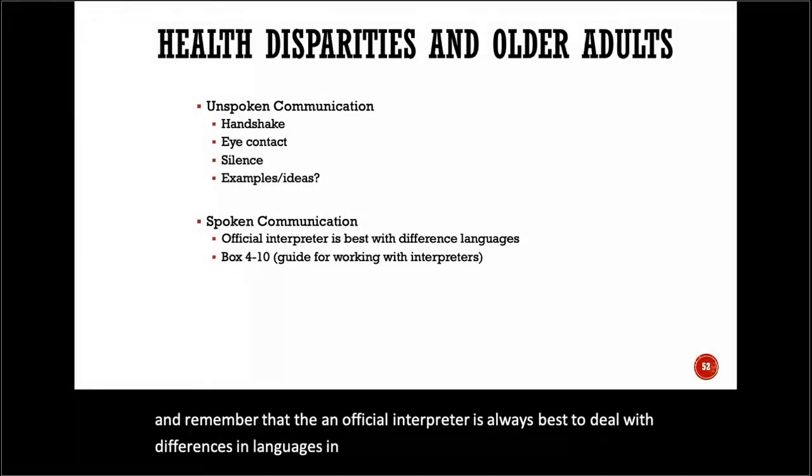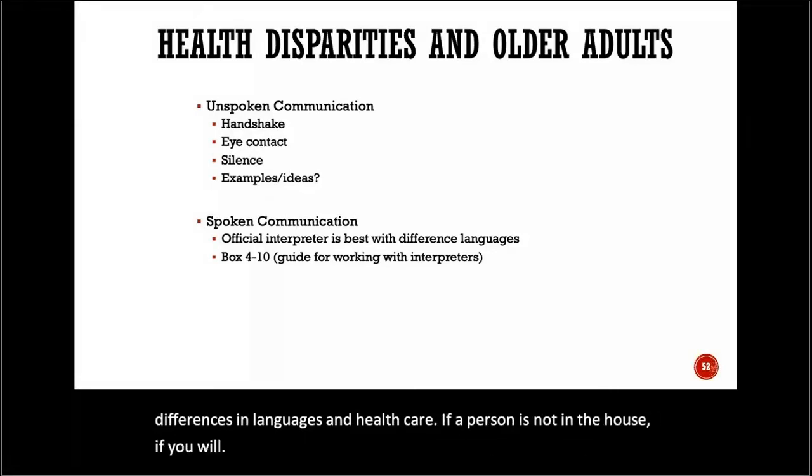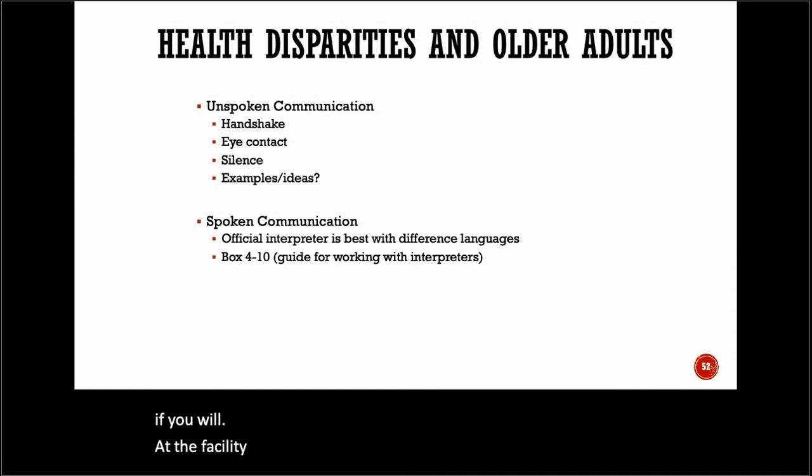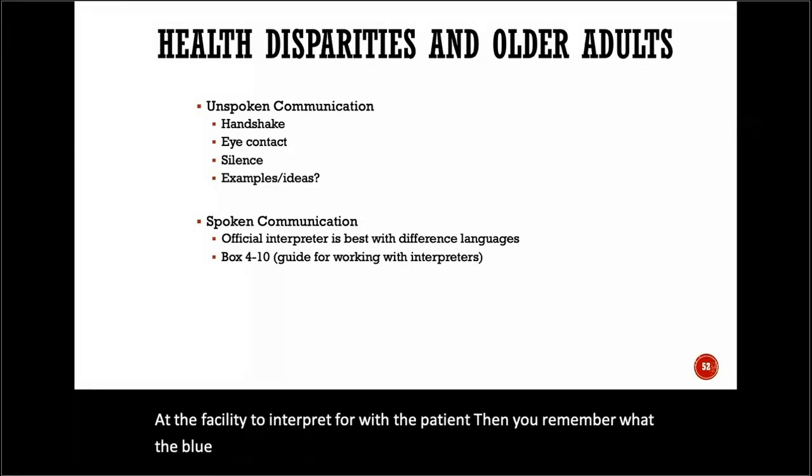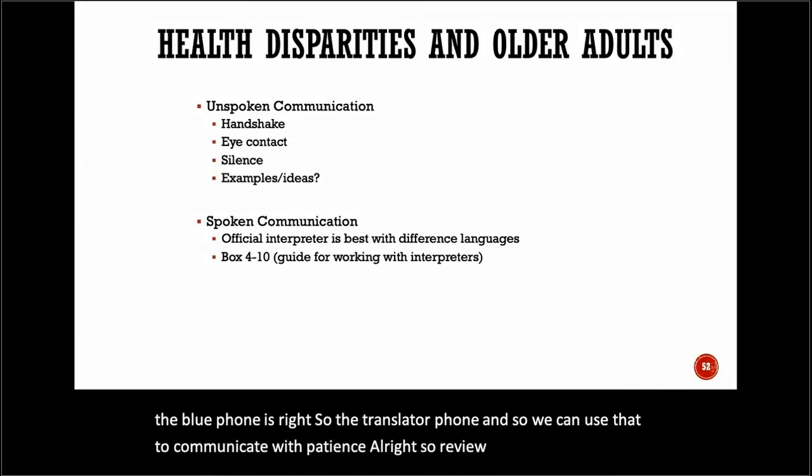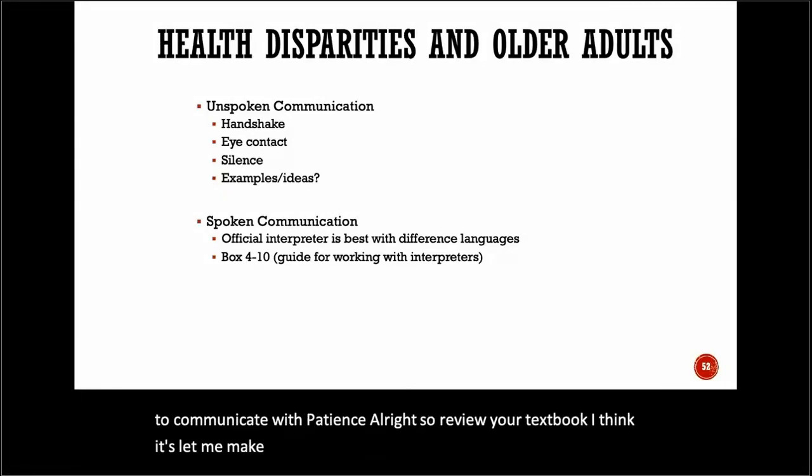If a person is not in the house, if you will, at the facility to interpret for you with a patient, then you remember what the blue phone is, right? The translator phone, and we can use that to communicate with patients. All right. So review your textbook. Let me make sure that got updated. Looking at chapter 4, box 10.